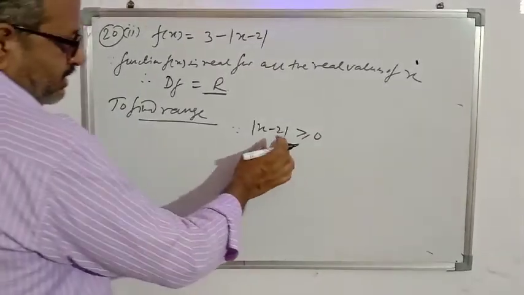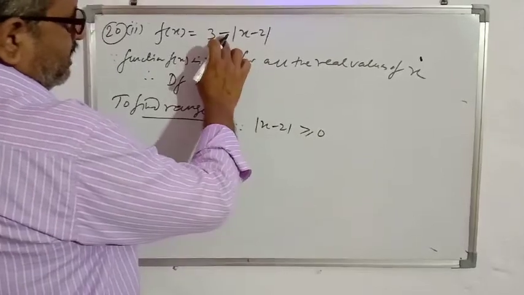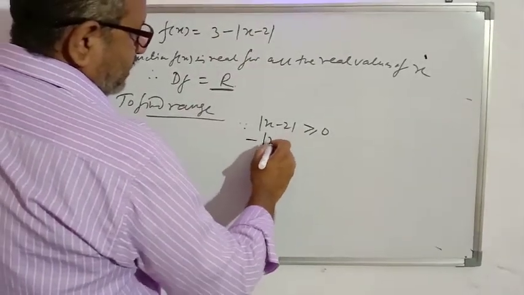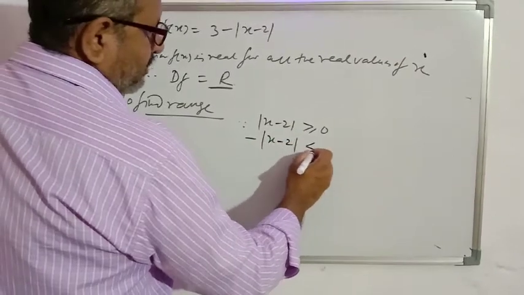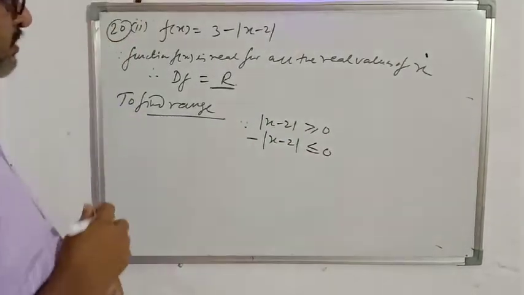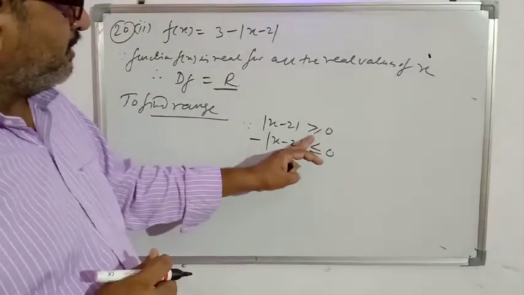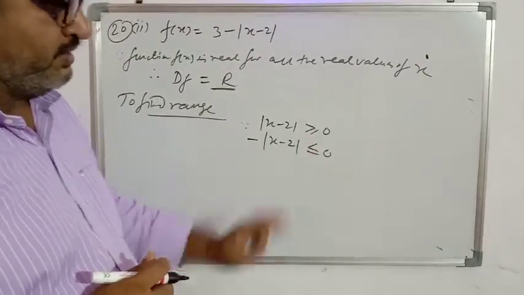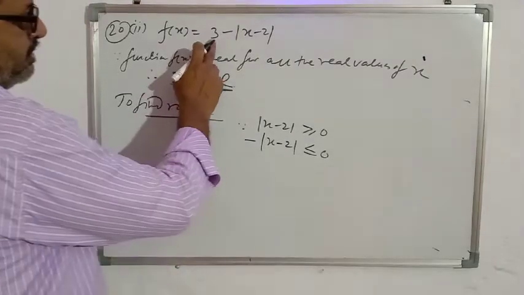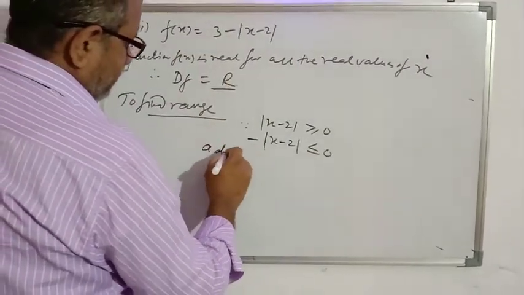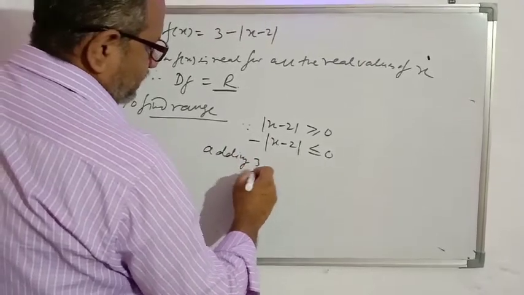So |x minus 2| is greater than or equal to 0. But here minus |x minus 2| is given. So multiplying by a minus sign, minus |x minus 2| will be less than or equal to 0. When we multiply both sides by minus 1, the sign of inequality will be reversed. Here 3 is also given, so adding 3 on both sides.